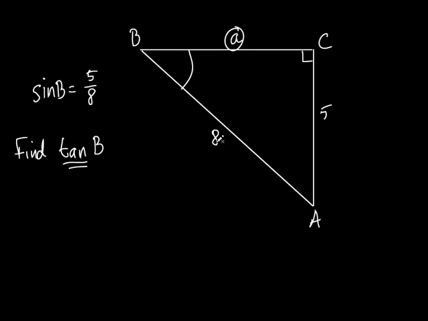So we've got to find this. How do we find that? Well, it's 8 squared minus 5 squared, isn't it? Are you getting good at the Pythagorean Theorem? You can just do that now. You don't have to write out the whole entire thing. And that equals a squared, right? So this is 64, minus 25. What's that come out to be? 39.